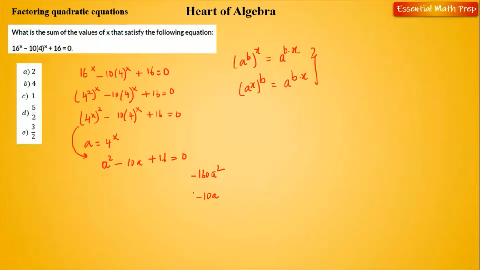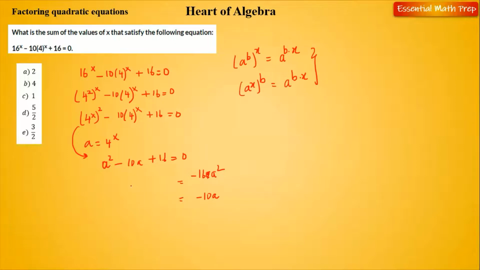We want 16 a squared, but at the same time we also want negative 10a. Sorry, this is 16a squared. So what two terms can we multiply?